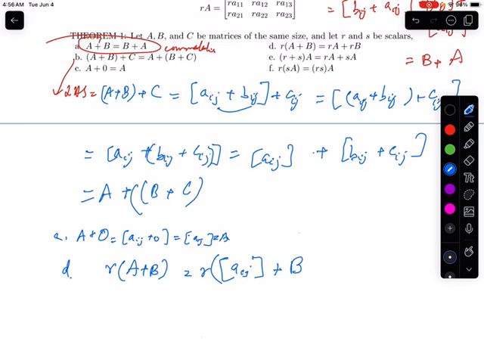So the way you have to write it is using the definition. How did we define an RA matrix? We said RA matrix will be the matrix, every entry multiplied by R. So here the general entry of A plus B looks like Aij plus Bij.